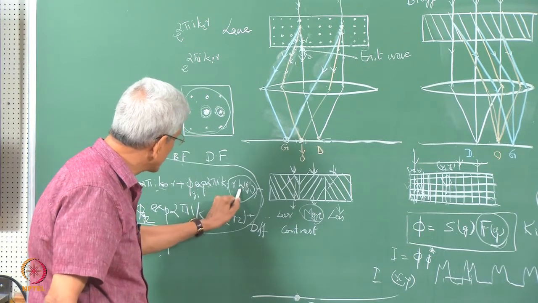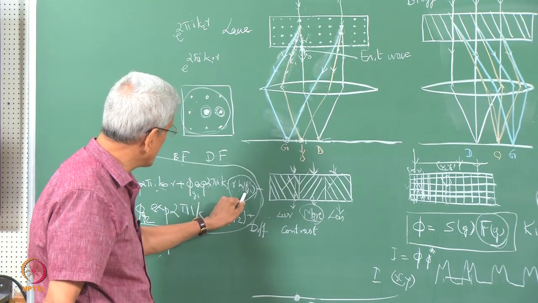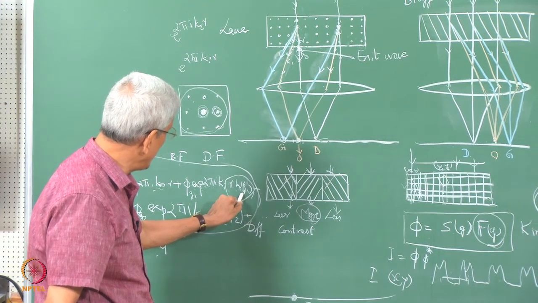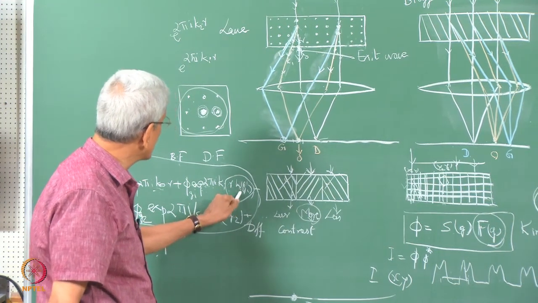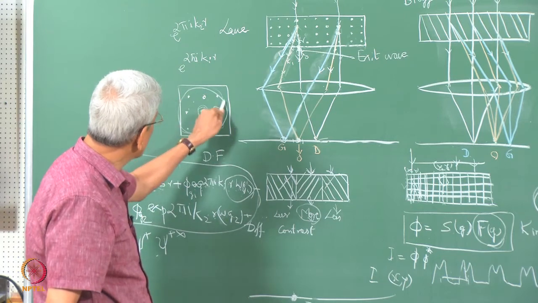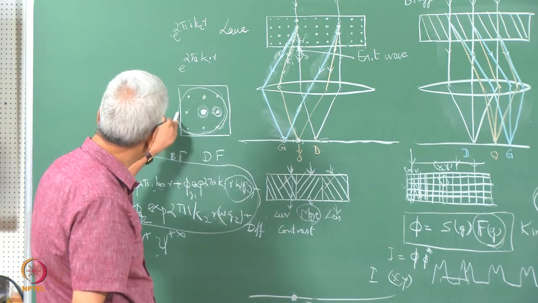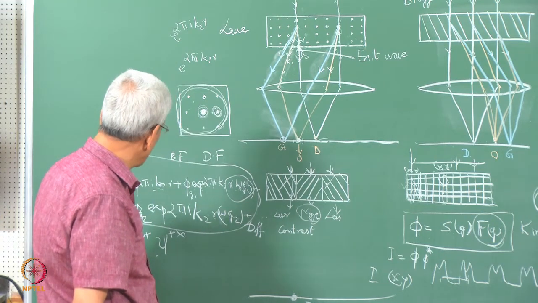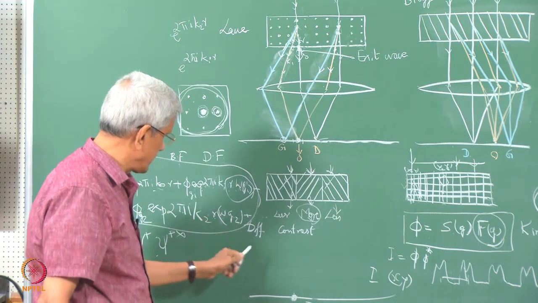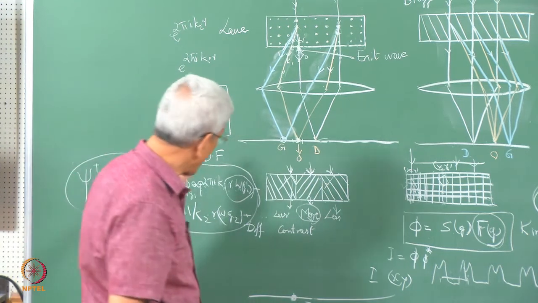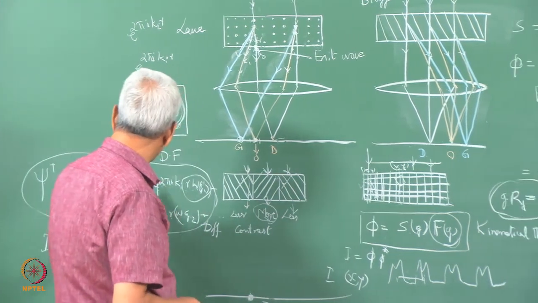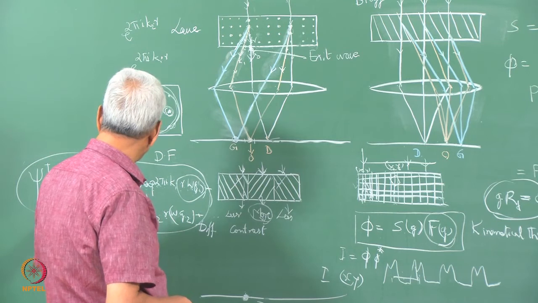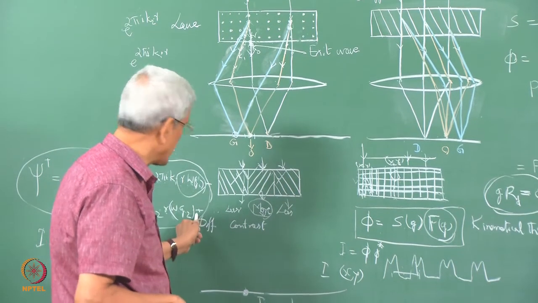But since the phase error is introduced by the lens, that puts a limitation on up to what g vectors can be used for getting an interpretable image, or up to what g vectors the amplitudes will add together.